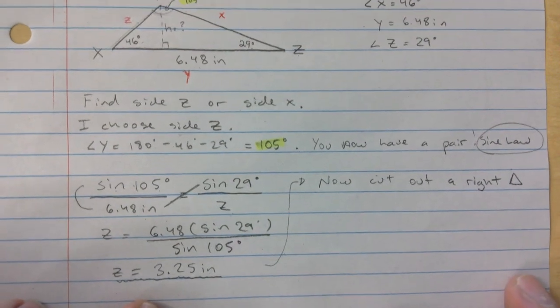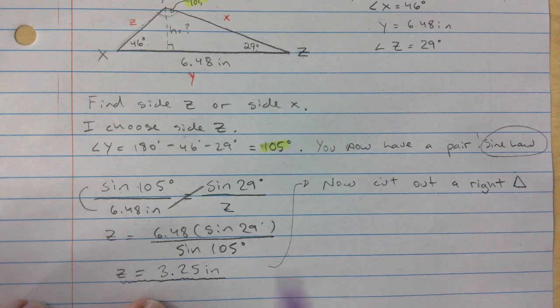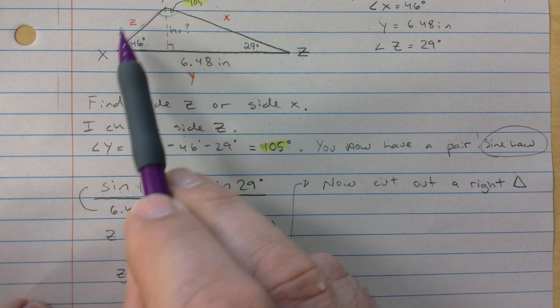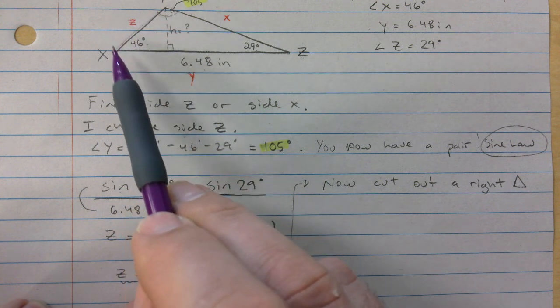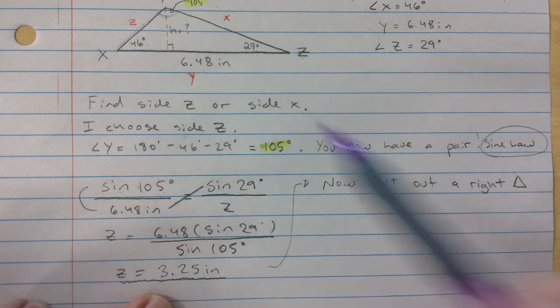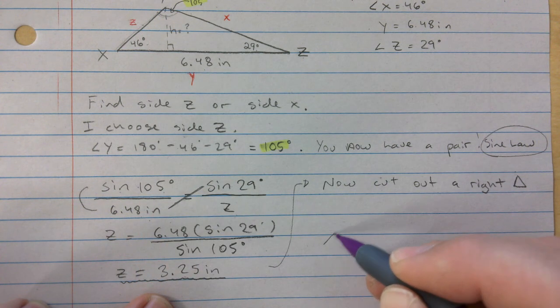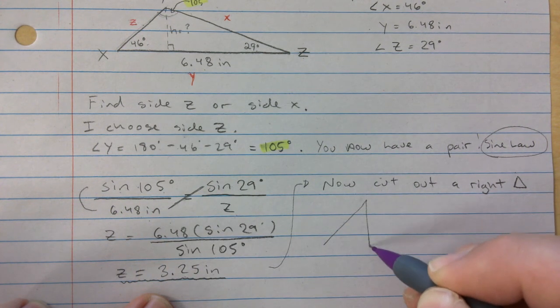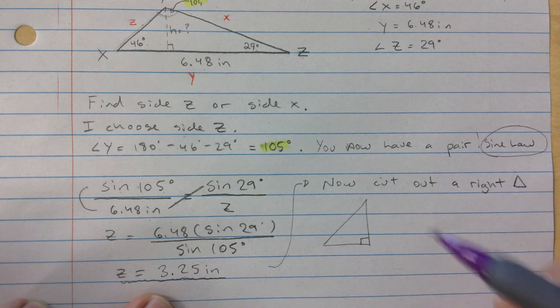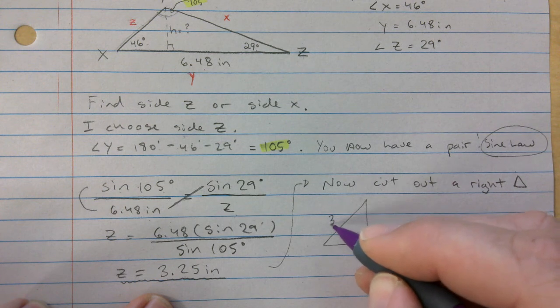So I'll make sure the whole triangle is visible, okay? I found Z. Z is up here, right? So I'm going to cut out the right triangle that is created on the left side of the height. I'm going to bring it here. Trust me, it's going to be a lot easier to find the height after, but I need to do a longer example with you.